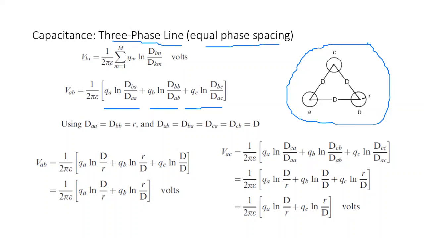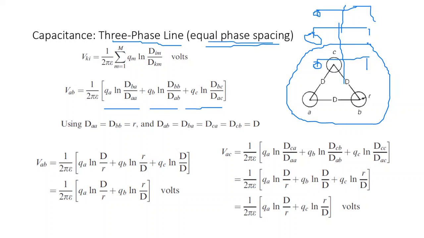But it's hard to have a tower like this. It's very expensive. So the towers mainly do not look like this. As we mentioned, the towers will look like this. We have it like this, and then another one here, and then you go down, and then maybe another one there. So phase B, phase A, phase C are not at equal phase spacing.